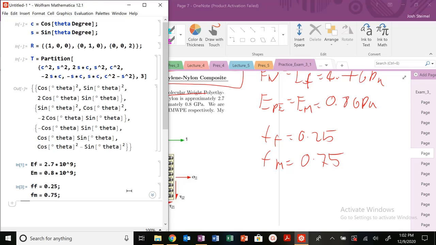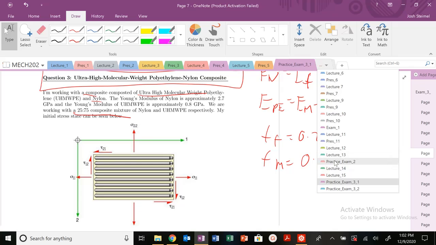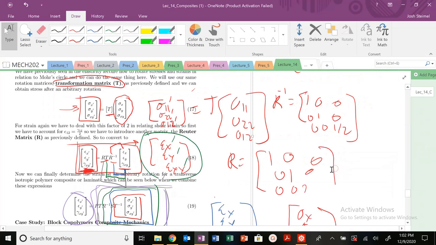Now if I want to look at Young's modulus in the fiber direction, which I'm going to call the 1 direction, it is just going to be E_F times F_F plus E matrix times fraction of matrix. And in the transverse direction, pulling in the opposite direction of the fiber, it is going to be 1 divided by... actually, let's look that value up from our previous lectures, lecture 14.